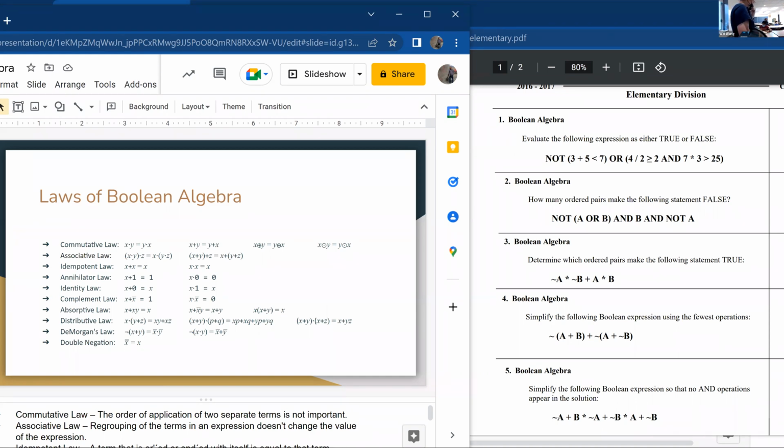Then you use the commutative law to move it around, because now it becomes all not.